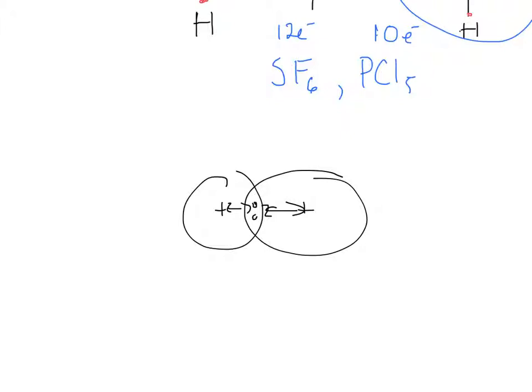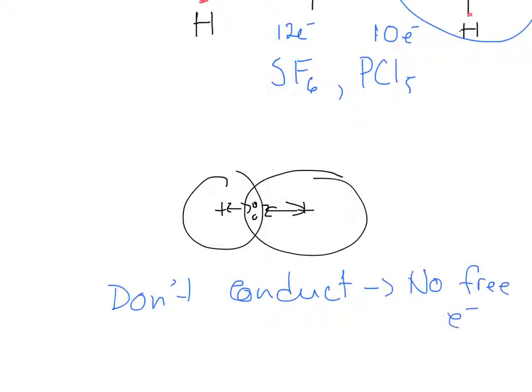They don't conduct electricity, for the most part, because they have no free electrons. No electrons are free to move, unlike ionic bonds, where they can break apart and have ions move from one side to the other. In metals, they have this whole sea of electrons that can move from one side of the sample to the other.